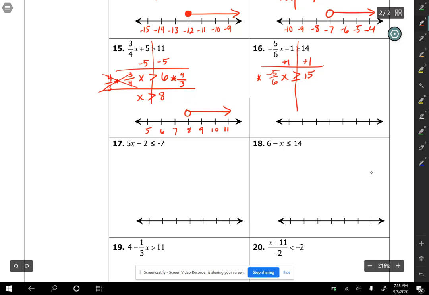We're multiplying by this negative 6/5, so our sign is going to switch this time. Put that in my calculator to get negative 18.